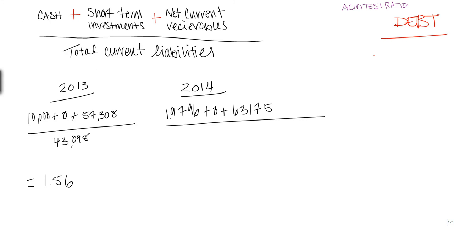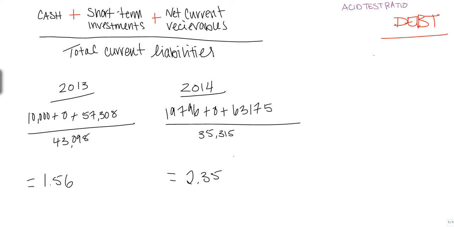And we divided that by that year's liability of $35,315, which we did the math to determine, we had a ratio of 2.35.